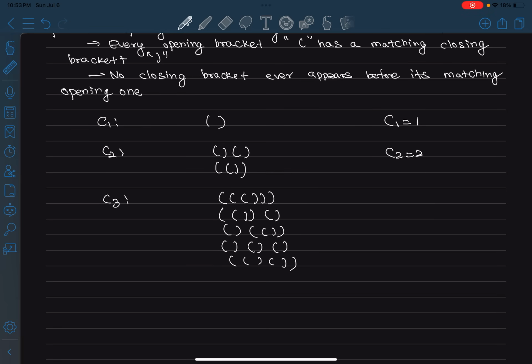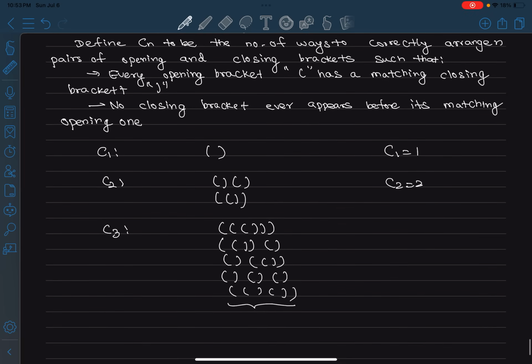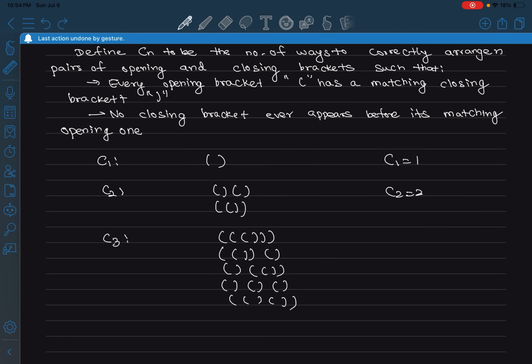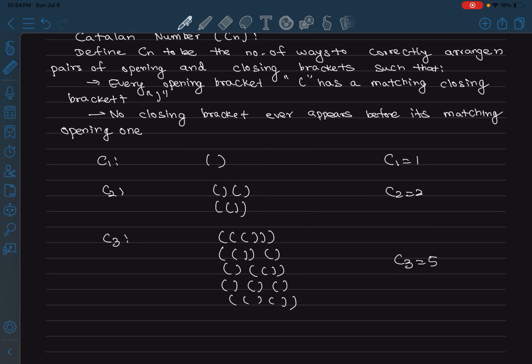So even over here, this also satisfies the condition: every opening bracket has a closing bracket and no closing bracket ever appears before its matching opening bracket, right? Okay, so I think these are all the ways. So C3 is 5. So this is how you can actually compute the Catalan numbers explicitly, right?